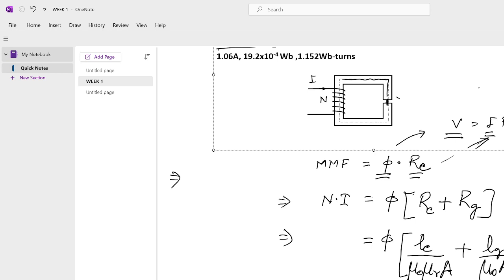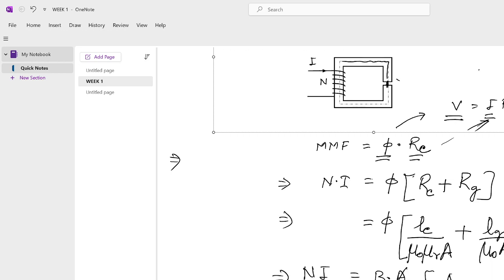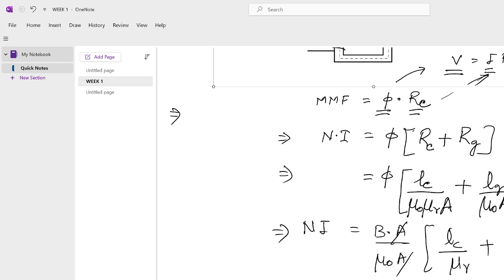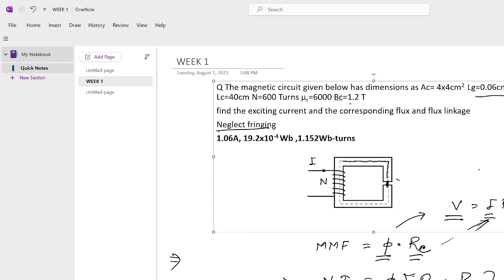This will become Lc upon mu r plus Lg. Clear? So you can strike out this, and you have N given as 600. I you have to find out. B is given as 1.2 Tesla.